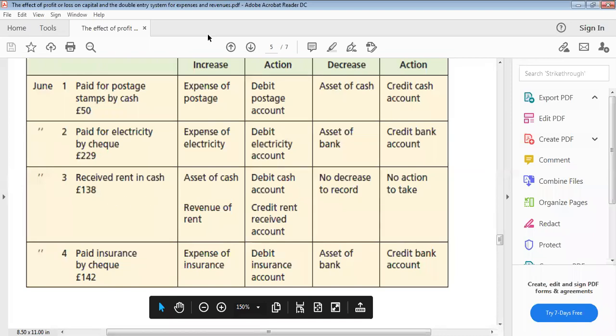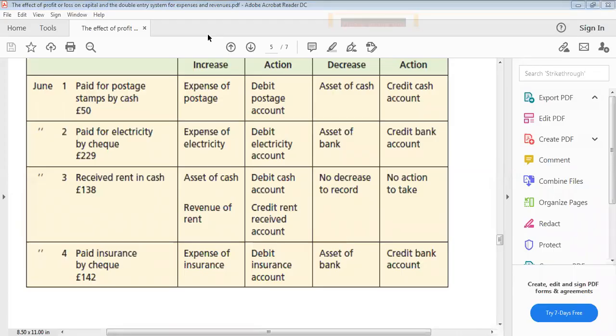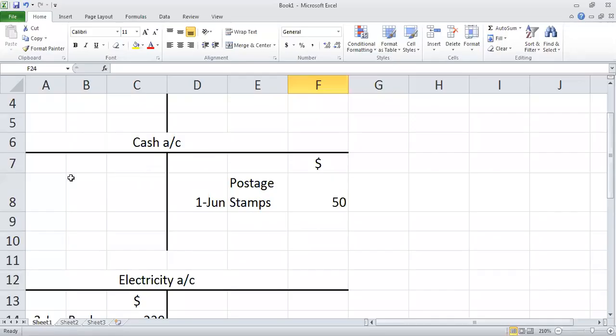When you debit the cash account, you have a dollar sign, and you debit the cash account with 138, and it's on June 3. Good. And it is rent received, right? So you type in rent received.